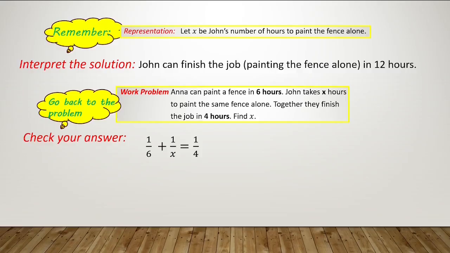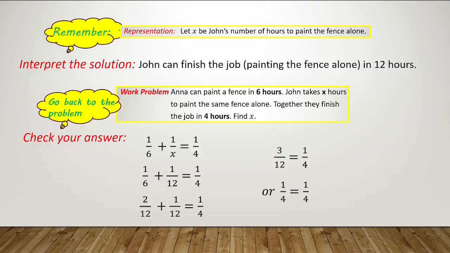Okay, so 1/6 of Anna's job plus 1 over x of John's job is equivalent to 1/4 of the whole job per hour. Just replace the value of x. Let's simplify. 3 over 12, is this 1/4? Yes. So that means our answer is correct.